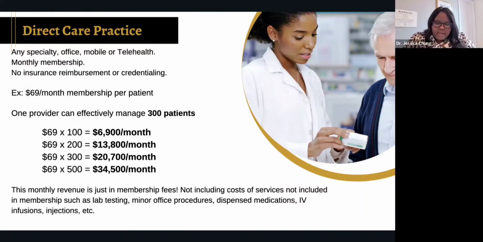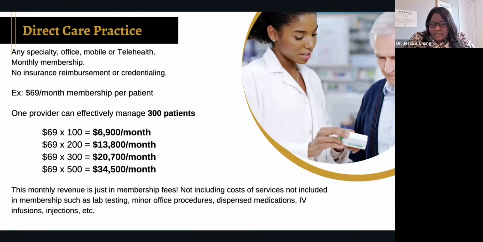patient. And let's say you grow your practice, and say your goal is to grow your practice to about 300 patients. Let's say at your first 100 patients paying $69 a month, this brings you about $7,000 a month.